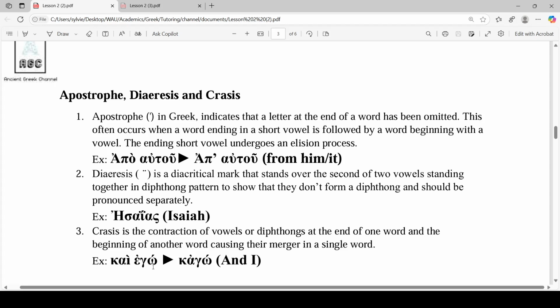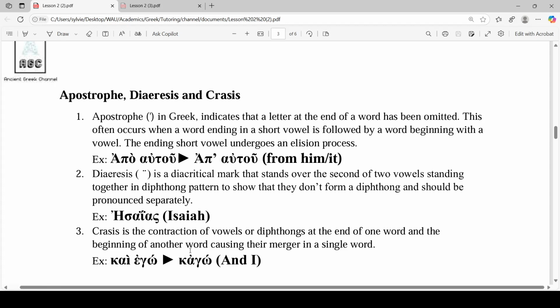But what usually happens is that these two words combine in a single word because of this phenomenon called crasis. And instead of kai ego, we have cargo.